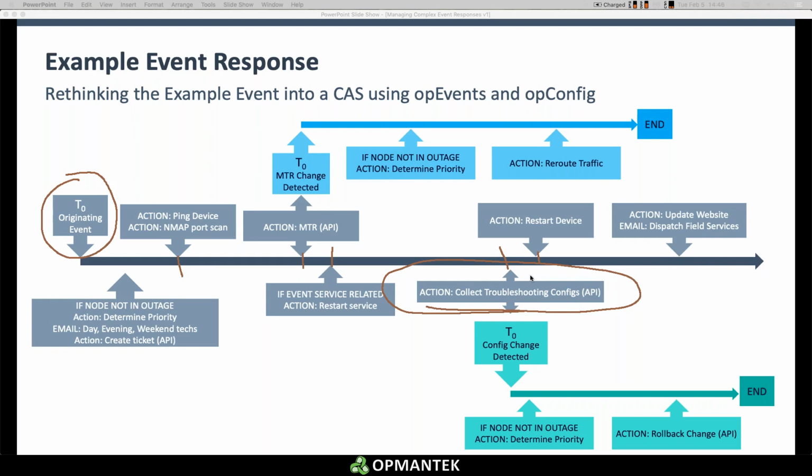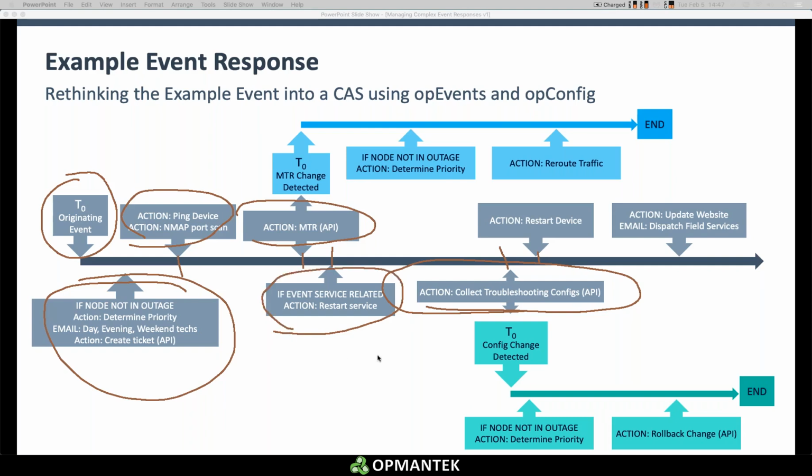So for example, putting the node in or running the priority, or creating an email, creating a ticket, that might happen 5 minutes after the event occurs. Running these troubleshooting pieces might happen at the same time or moments later. Checking the MTR might happen 10 minutes after the event occurs.